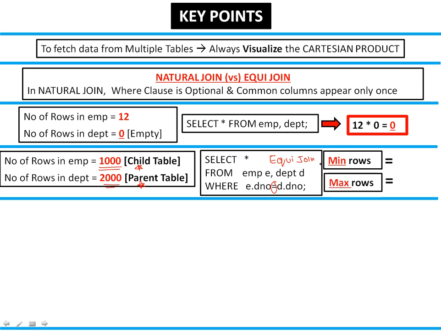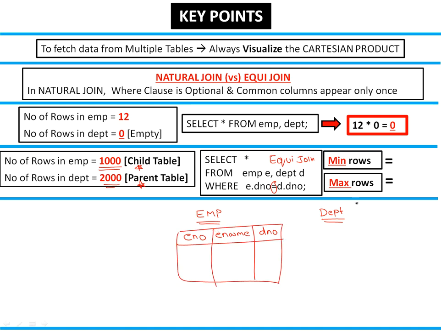Here is employee table, here is the department table. Employee table will have E number, E name, other columns I am not writing, guys, and department number. First parent table to be created, it is parent table, with D number, D name.